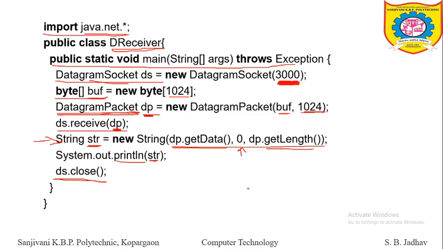Try to execute these two programs and you will come to know the message is being exchanged between the two programs. We can also write the program that will accept the input from the user by using the BufferedReader, and that is left for homework.